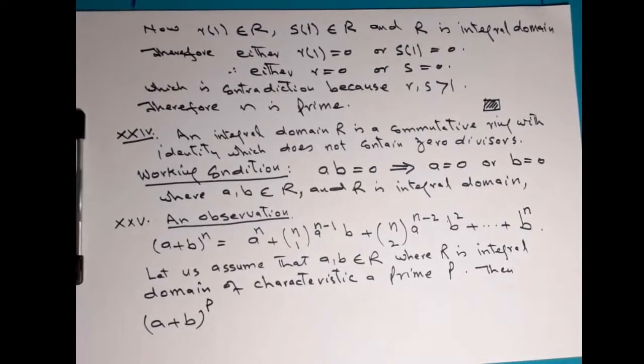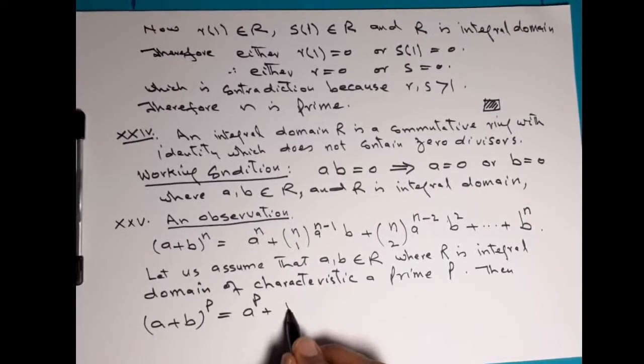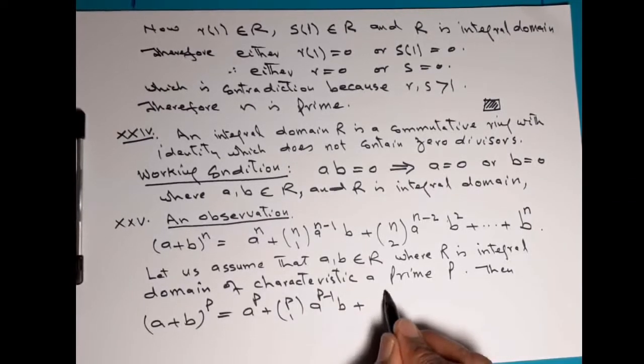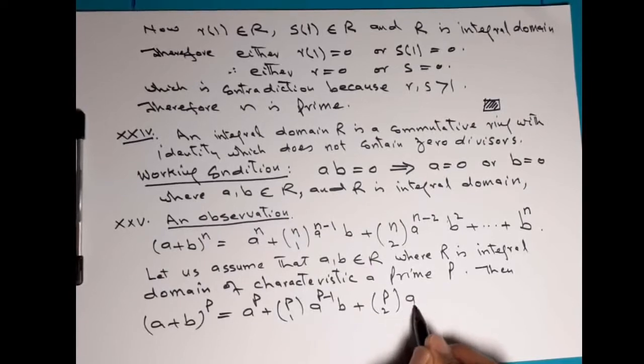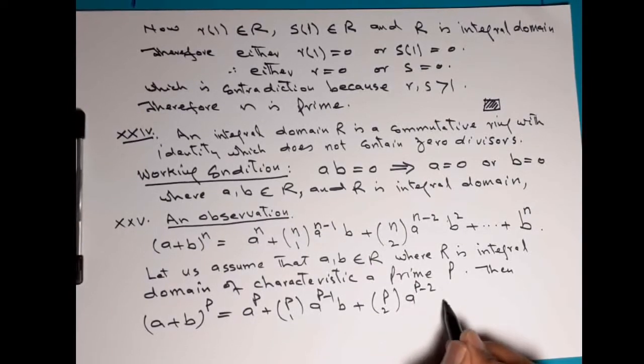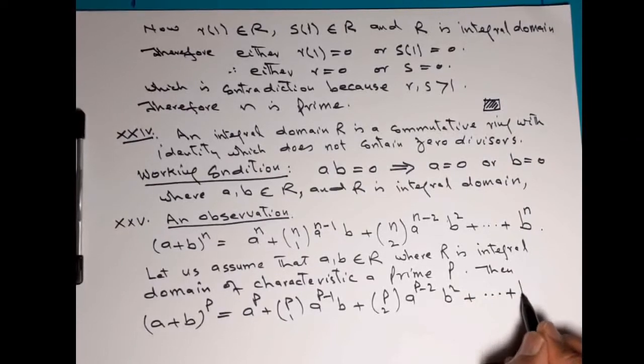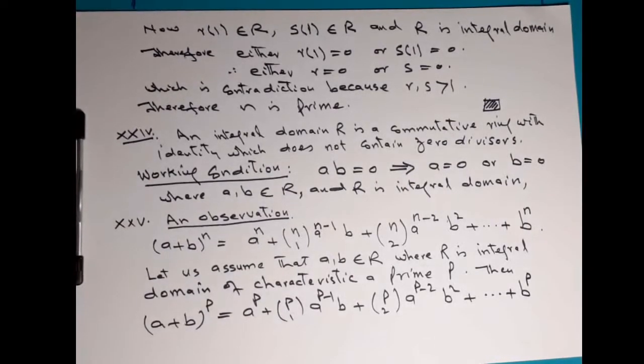Instead of n, we are writing prime p, equal to a raised to power p plus pC1 a raised to power p minus 1 b plus pC2 a raised to power p minus 2 b square, and so on, plus b raised to power p, where p is a prime and p is the characteristic of the ring R, which is an integral domain, and a, b belong to this particular integral domain.